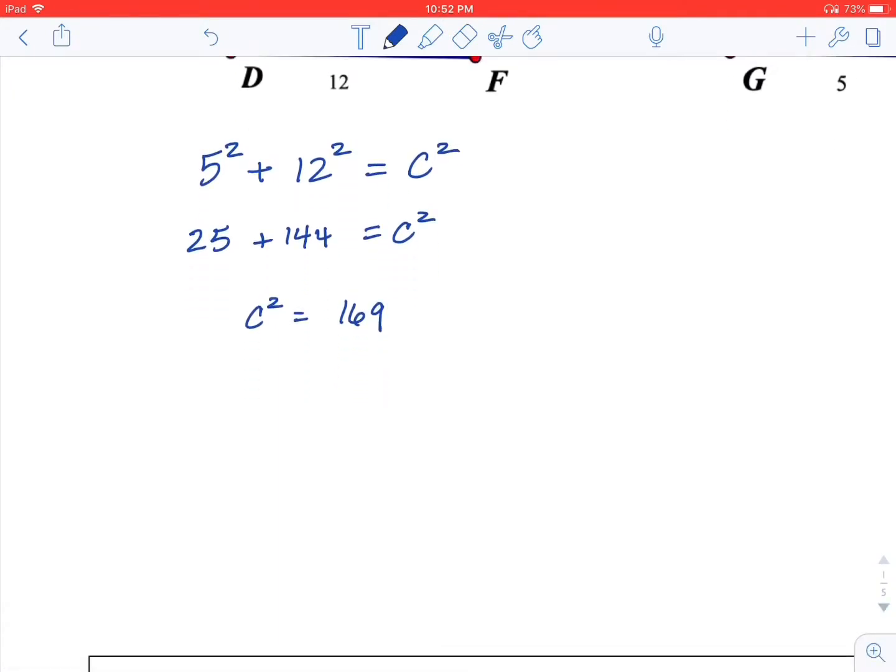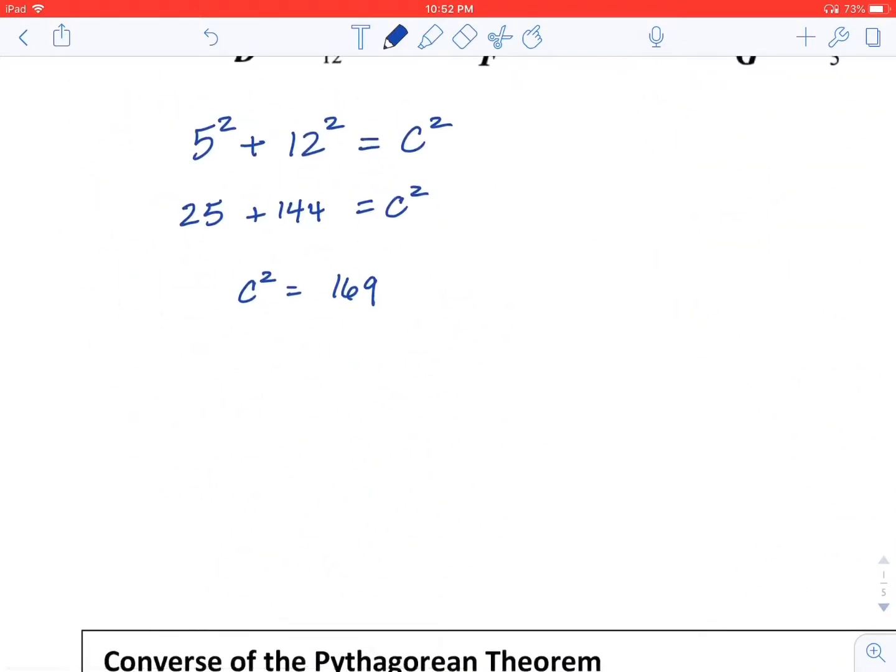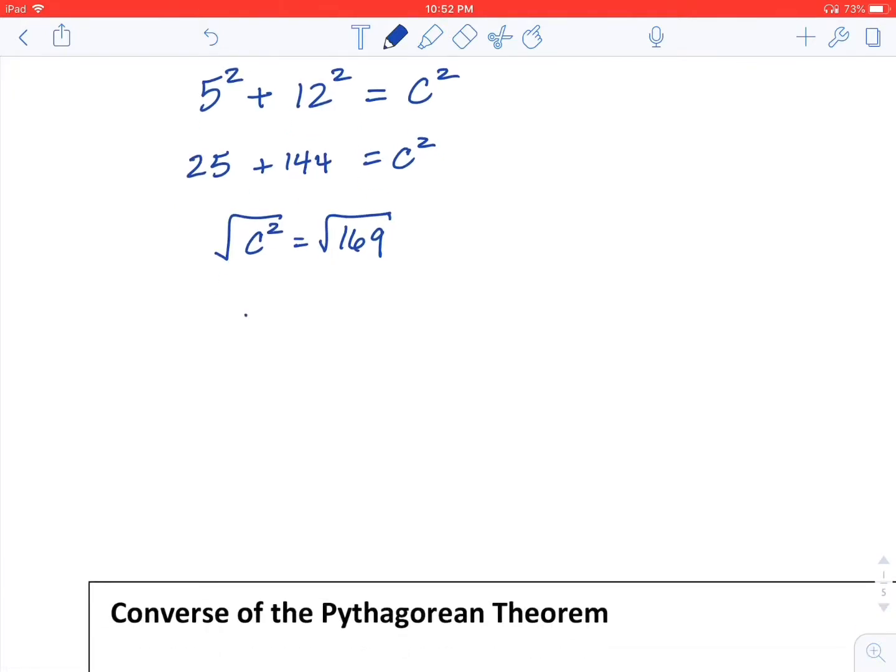Now from here, in order to find the value of c, I need to apply the square root operator on both sides of the equation.